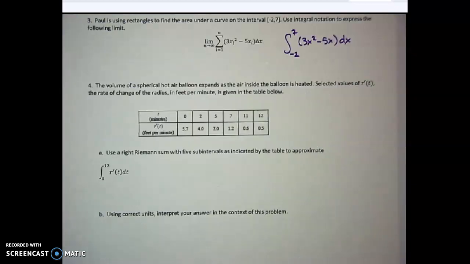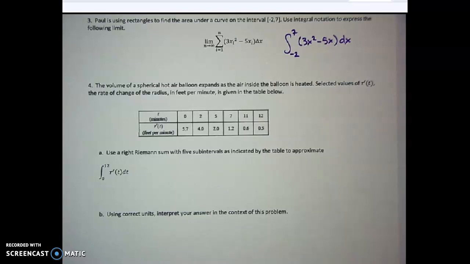And number 4, the volume of a spherical hot air balloon expands as the air inside the balloon is heated. Selected values of r prime of t, the rate of change of the radius in feet per minute, are given in the table below. Use a right Riemann sum with 5 subintervals as indicated by the table to approximate the integral from 0 to 12 of r prime dt.